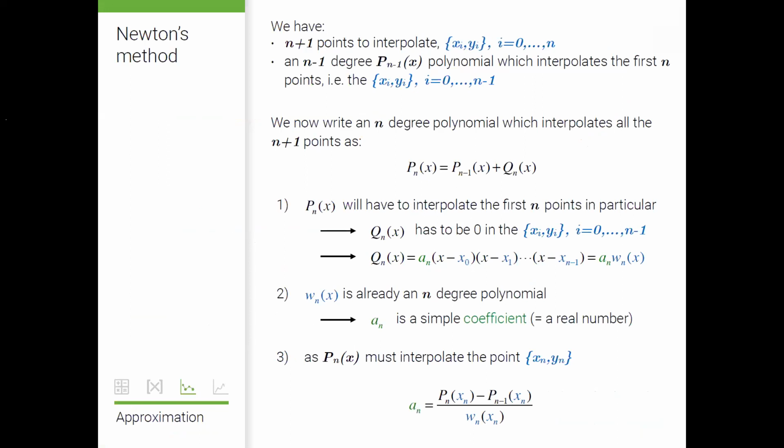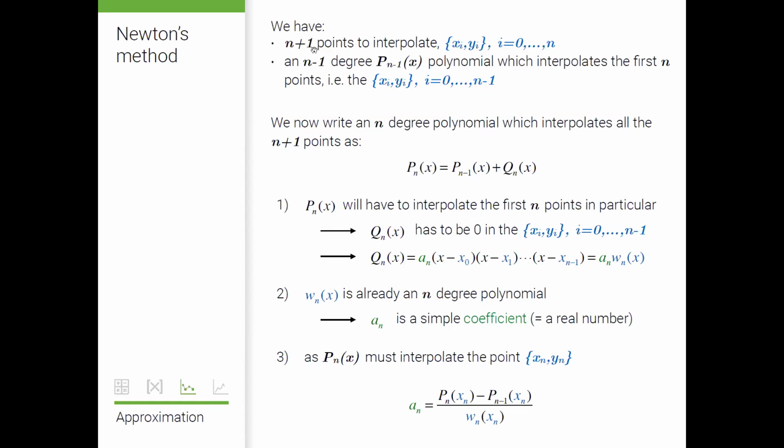And now we'll move to the next method, which is called Newton's method. Okay, so we have n+1 points of interpolation, xi, yi, i from 0 to n, and a degree n-1 polynomial Pn-1, which interpolates the first n points.